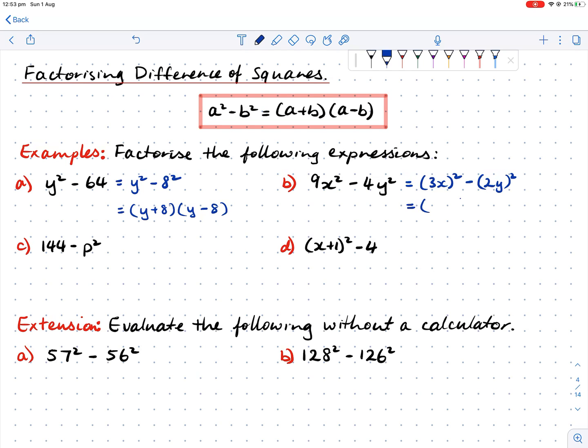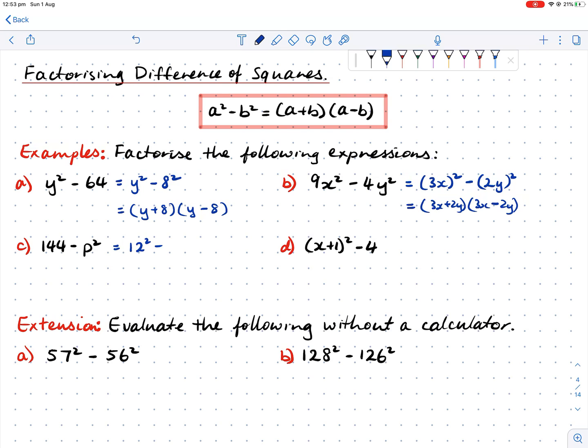Then we write in our brackets 3x and 2y, 3x and 2y, and then we add and subtract. It doesn't matter the order, so you can put the subtraction first if you want, or you can write it with the plus and then the minus, as I've written it. Question C, this time we've got the number first: 144, which we should know is 12 squared.